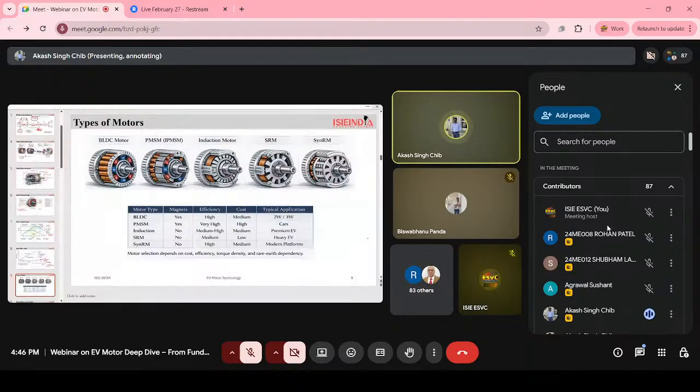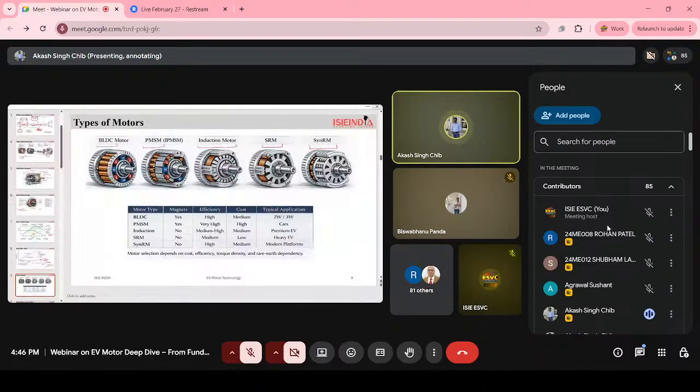These are the types of motors you have seen in the market today. The first one is the BLDC motor, the second is our PMSM motor, the third is our induction motor, the fourth is SRM, and the fifth is our SYNRM.